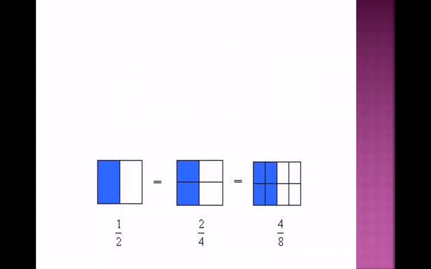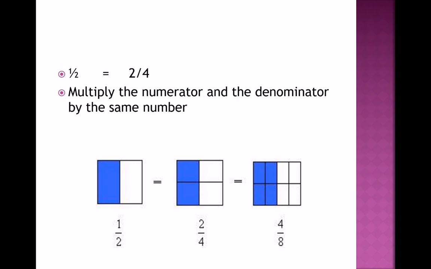Okay. Here, half becomes 2 over 4, becomes 4 over 8. What is the strategy? What are we using? We are using multiplying by 2, up and down. 1 times 2 is 2, 2 times 2 is 4, and so on. So they are equivalent fractions, and this is the process.